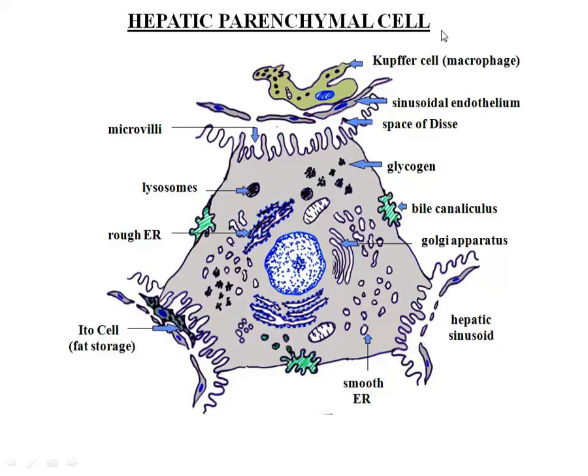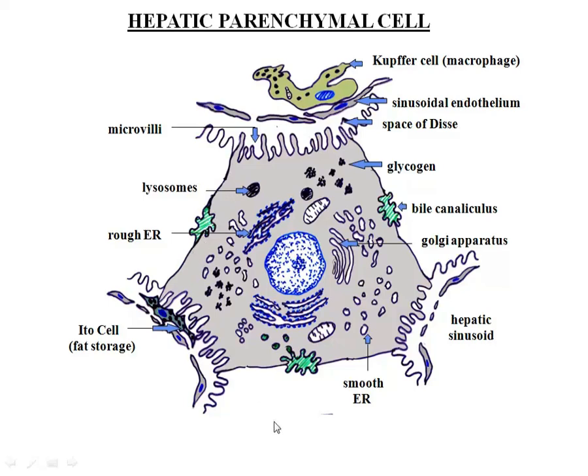Okay, now hepatic parenchymal cells. These are the Kupffer cells, macrophages. Now in this diagram, they have shown a single hepatocyte and the surrounding structures around it. Hepatocytes have a few surfaces: this area towards the sinusoid is called the sinusoidal surface, and this area towards the bile canaliculus is called the canalicular surface.